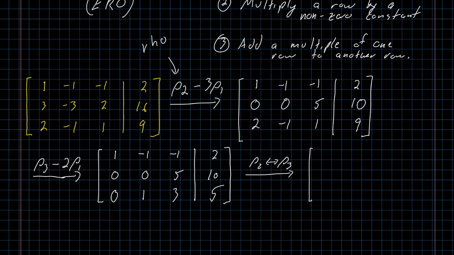So the first row stays the same. The second row is now the third row. And the third row is the old second row.